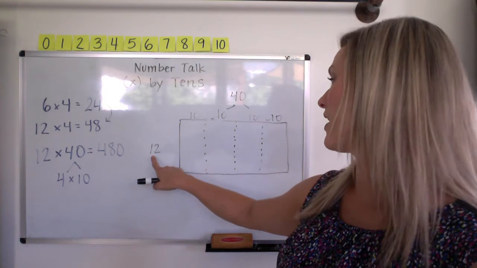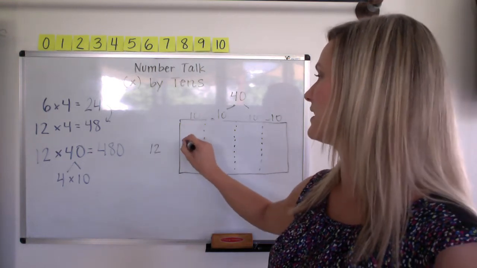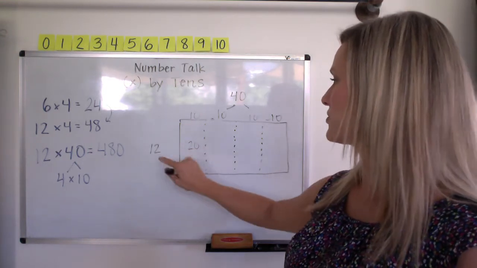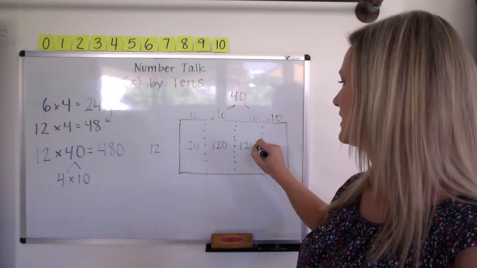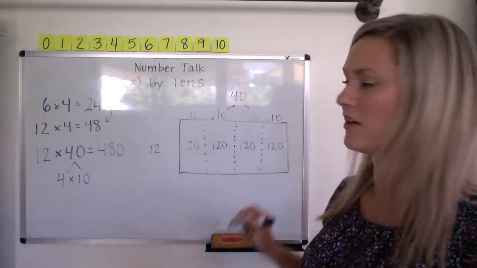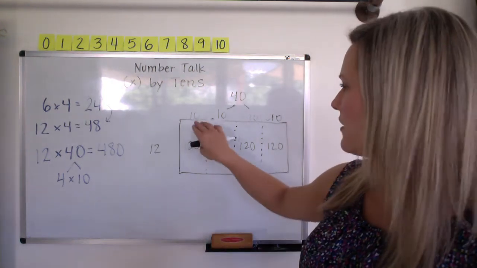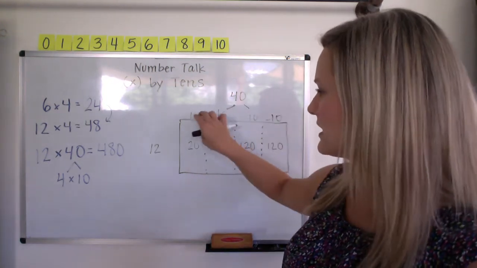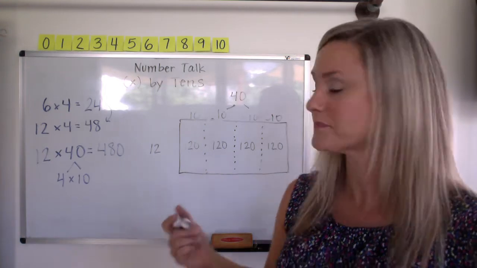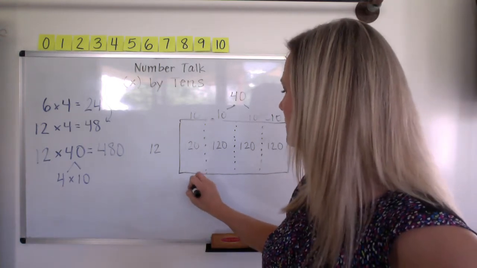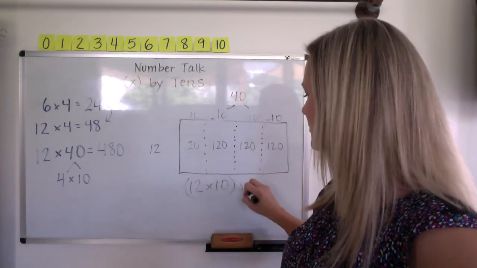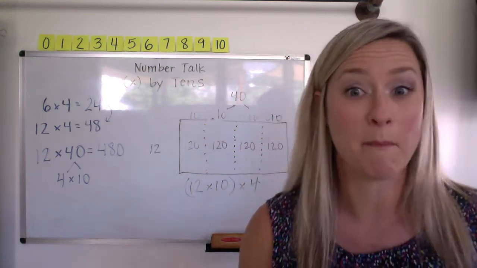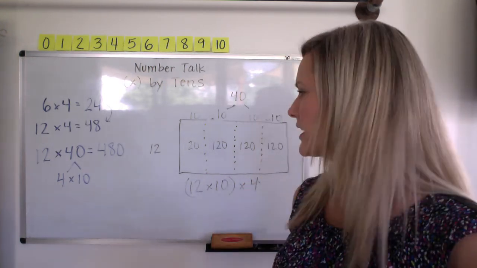So maybe you thought, well, I could do 12 times 10, and that's 120, and 12 times 10, and that's another 120, 120, 120, all the way through. So you had 4 10s up top, and 10 times 12, 4 times. So 12 times 10, and you had to do it 4 times. Maybe you did that. I'm just trying to get crafty here.